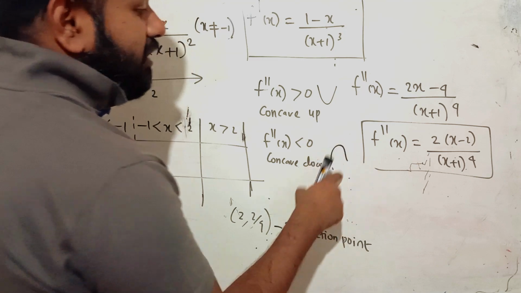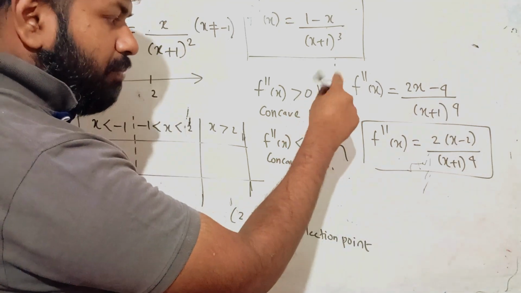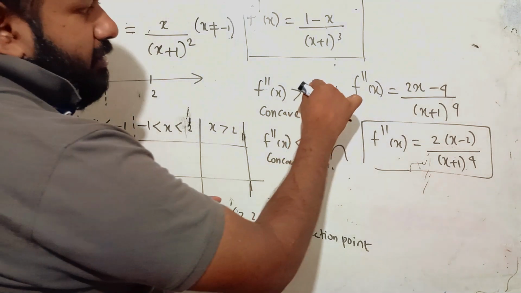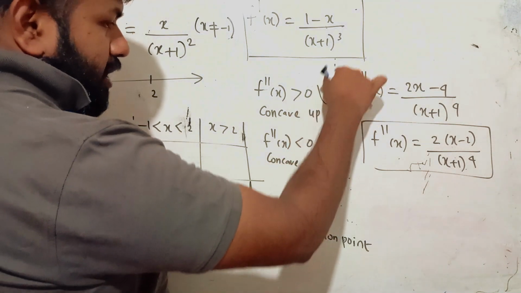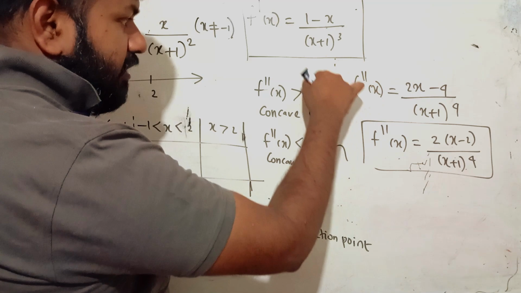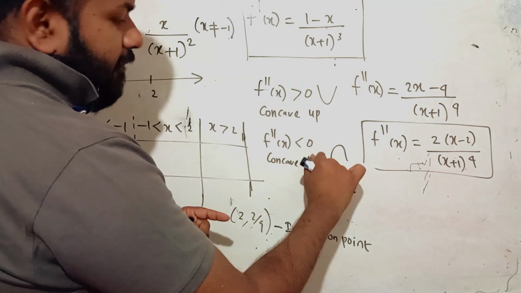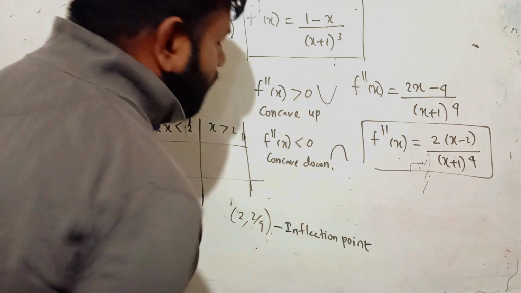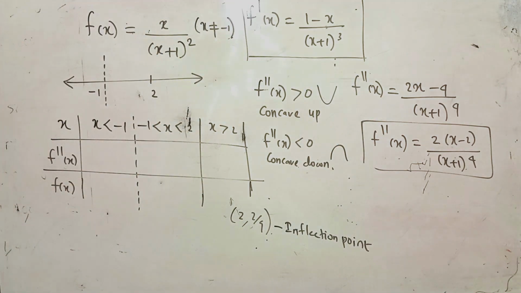This one is concaving down. If the graph has a part of this kind of shape, we say the graph is concave up. If a graph has a shape like this, we say it's concave down. Be clear about that.